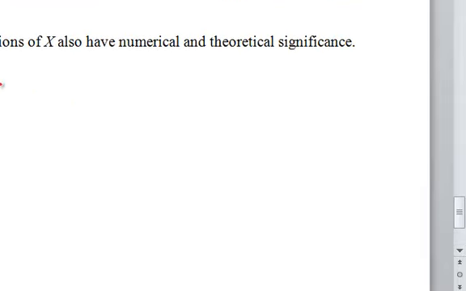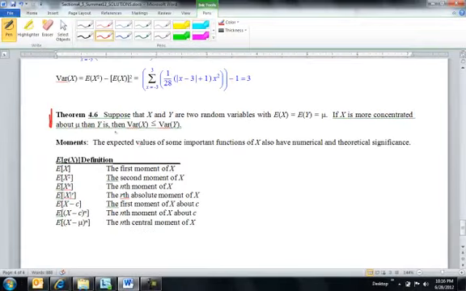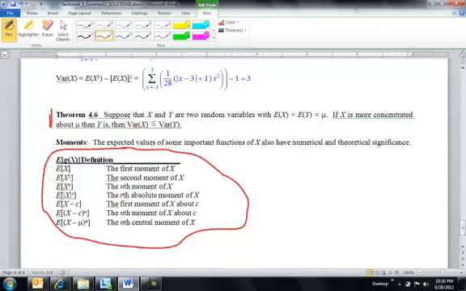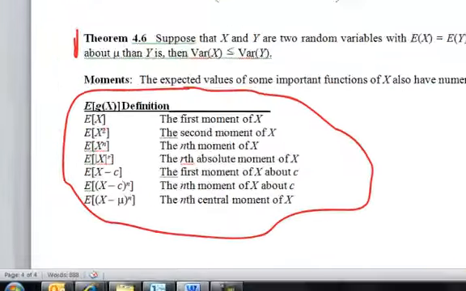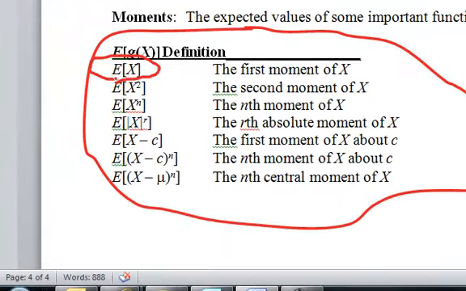The last thing, another nice theorem: moments. We're not going to use these until we get to chapter 11, moment generating functions, but we call the expected value of x to the k the kth moment of a distribution. So the expected value of x to the first is your first moment. We know that's the mean. The expected value of x squared, that's the second moment.